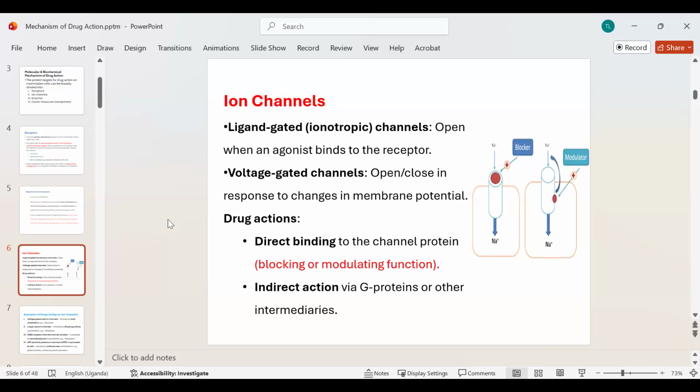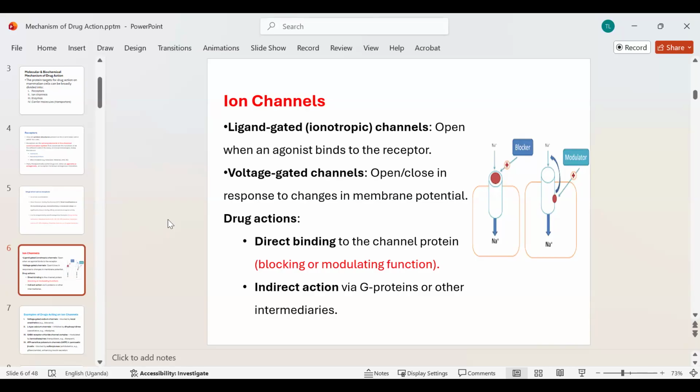So with a ligand-gated ion channel, a drug or a chemical can come and bind to this receptor.